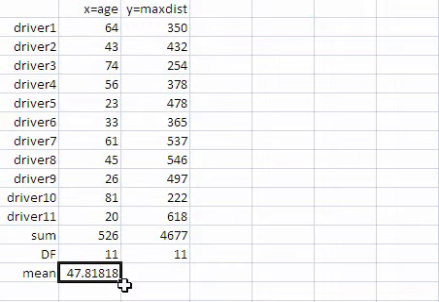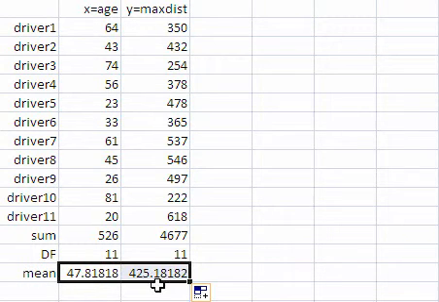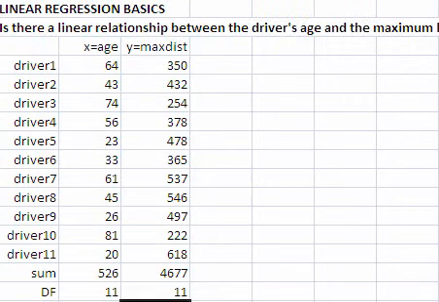Copy the equation. Now we have the mean age as 47 and the mean legibility distance is 425. Next, we calculate the distance of each of these observations from their mean.